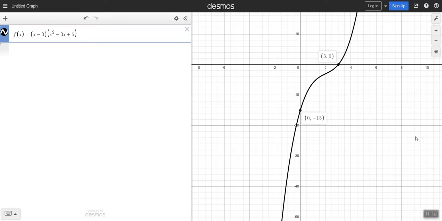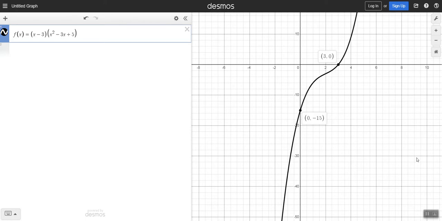And notice this time, this graph actually looks almost like that x cubed wave, and it had no turning points at all. So I'm going to go by 2s, 2, 4, 6, 8, 10, and 20. Negative 2, 4, 6, 8, negative 10, and negative 20. I'm going to put that y-intercept on there at negative 15.